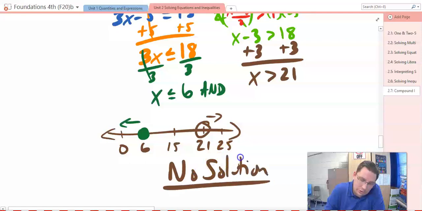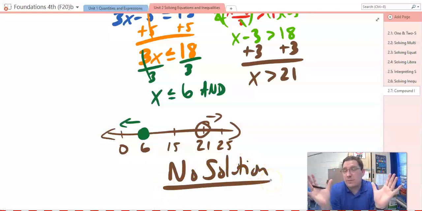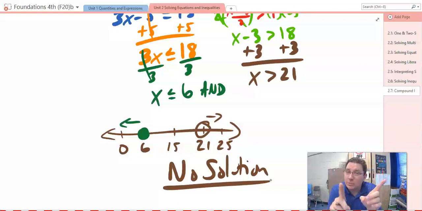No solution, because neither of these pieces overlap, so there is nothing on this graph that's going to work. There's not a value that works for both of these at the same time and completes the statement. Okay? So again, pay attention to what happens, because like I said, there's some cases where sometimes it doesn't go the right direction and we don't get a solution. Okay? So one last example and then we're done.